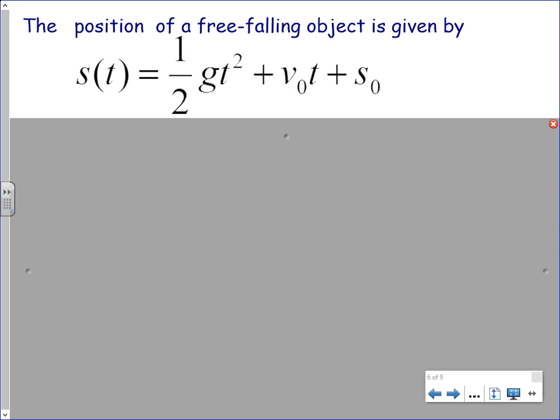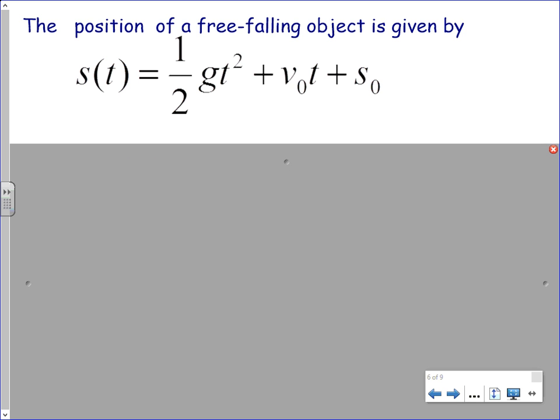Go ahead and write this down. First of all, this is a free falling object, so there is no projecting. It's just like something that's dropping or thrown straight up in the air and then dropping down.